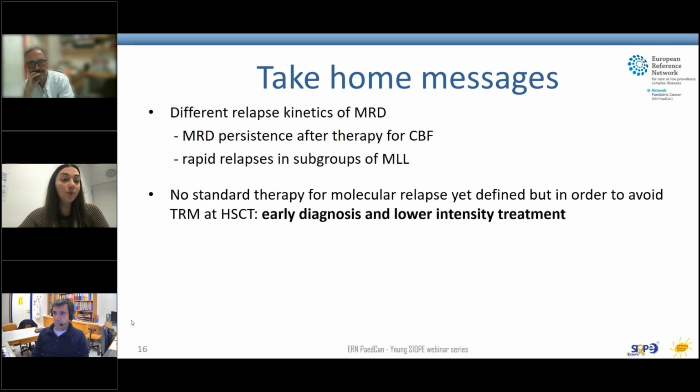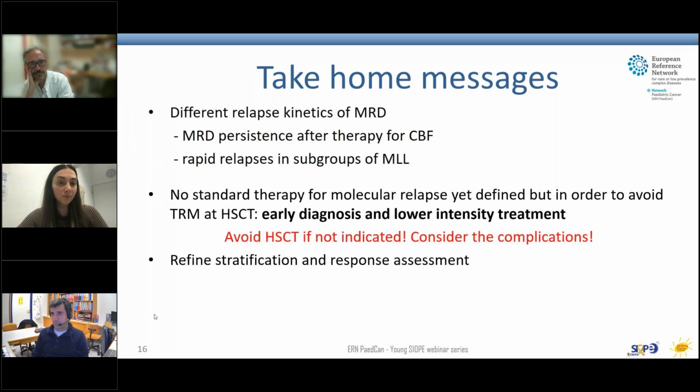Then we talked about that we don't have a standard therapy for molecular relapse, that's not yet defined, and that's why we have to do everything to avoid the transplant-related mortality at stem cell transplantation. We have to get there through an early diagnosis and a lower intensity of treatment. That's why we have to refine the stratification and response assessment and avoid any stem cell transplantation that is not indicated. We have always to consider that on the other side, we have also the complications of this treatment.